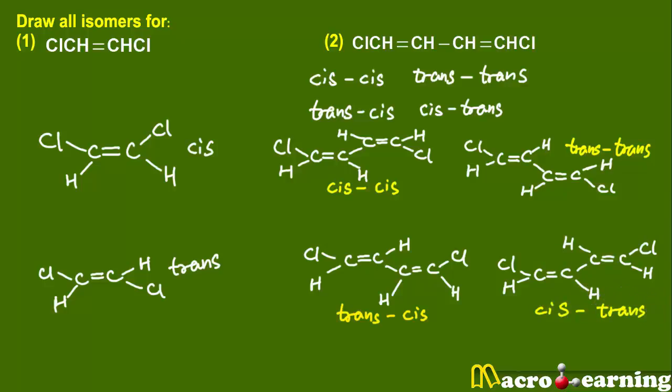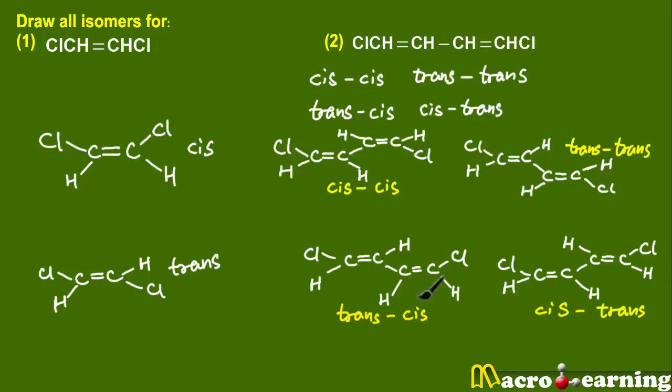And now what happens is these two are one structure actually. Cis-trans and trans-cis are the same isomer because of the symmetrical structure of the molecule. Because of that, these two isomers are the same.